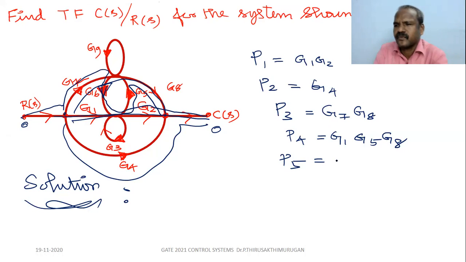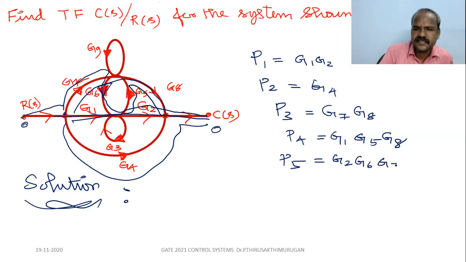This is path 5. So G2, G6, G7. So there are 5 forward paths.